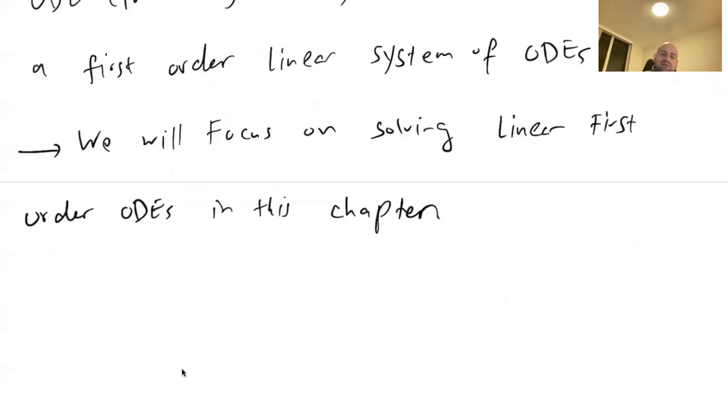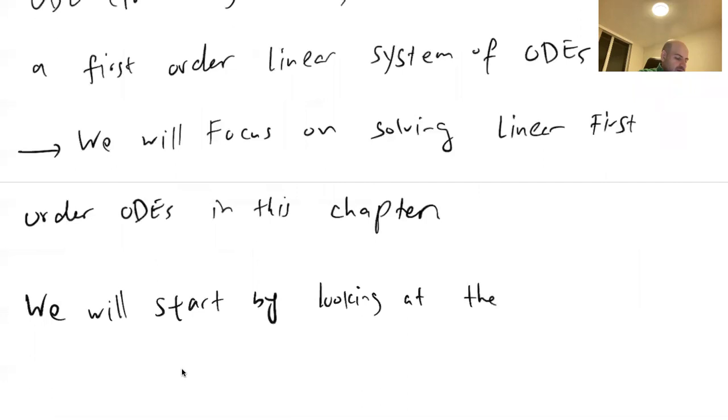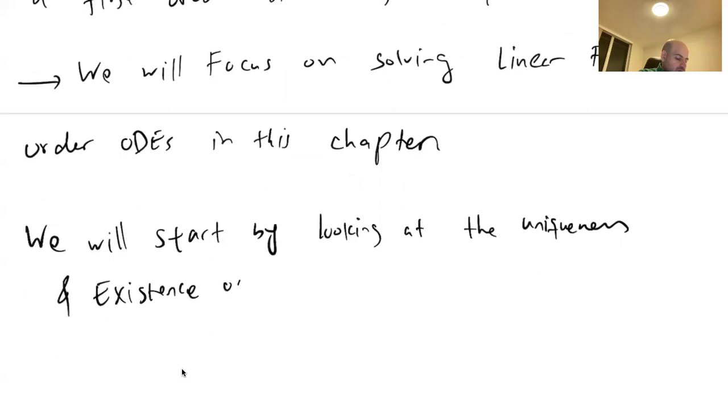Now, again, similar to what we had in the previous chapters, before solving the equations, we first studied uniqueness and existence of solutions. So we want to do the same thing here. So we will start by looking at the uniqueness and existence of solutions.